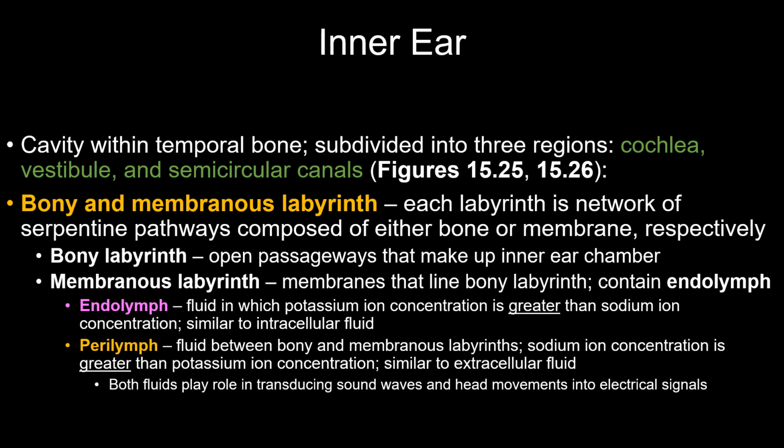So the perilymph has a higher concentration of sodium as opposed to potassium, and that is going to generally resemble extracellular fluid. Both of these work together, maintaining important roles in transducing sound waves, turning that physical, mechanical sound wave into an electrical action potential. They also work transducing head movements into action potentials as well.